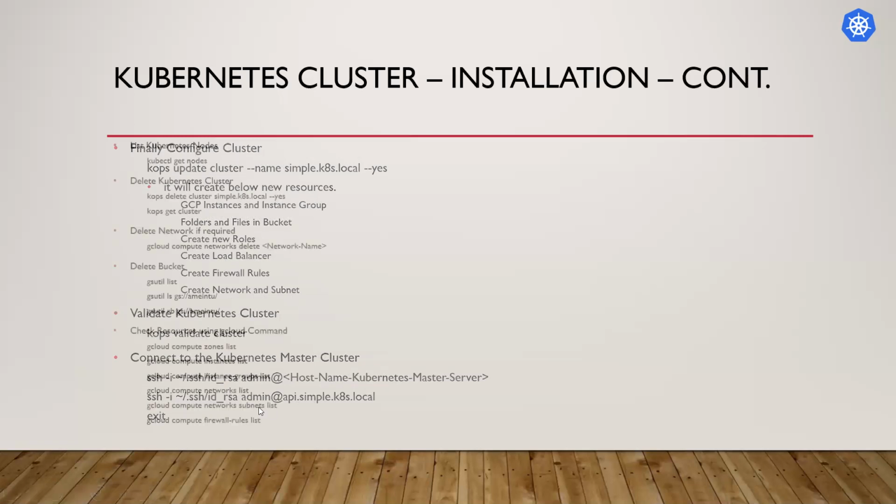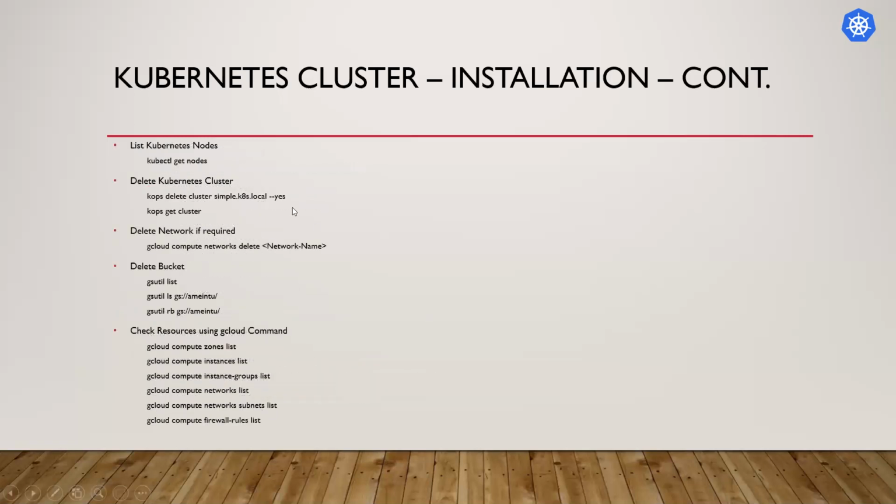Then, after our cluster is created, we will check our nodes with the kubectl get nodes command. After that, we would delete this cluster using this command, but we will not use that command here, because in the next video of this series we will create a pipeline, and we will use that cluster in that pipeline.